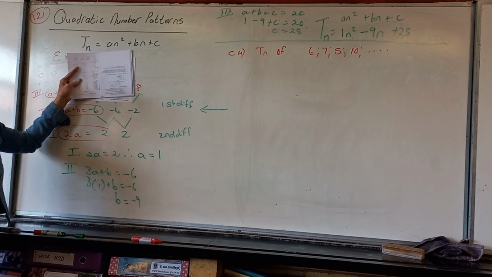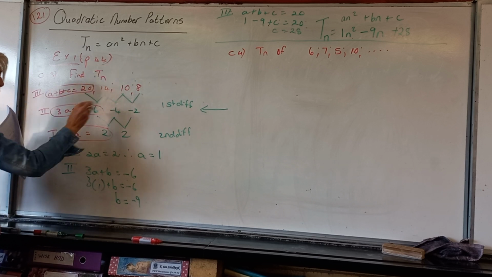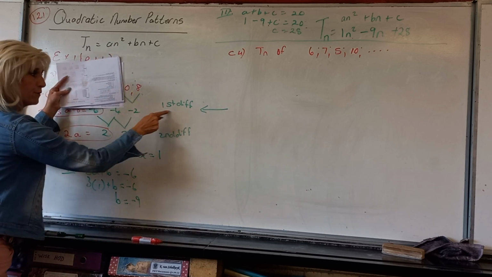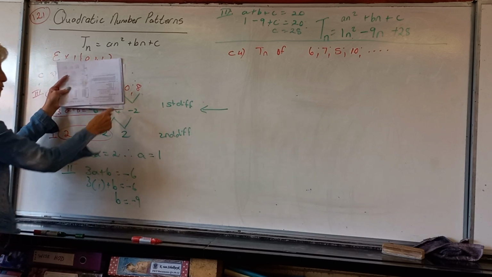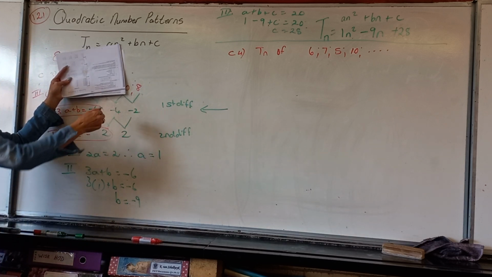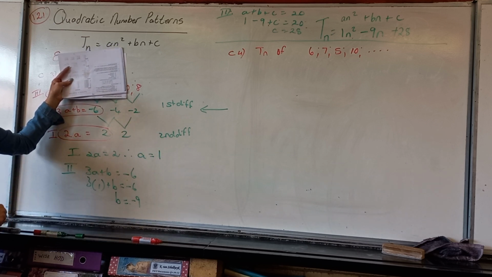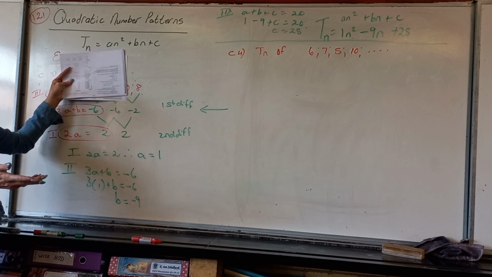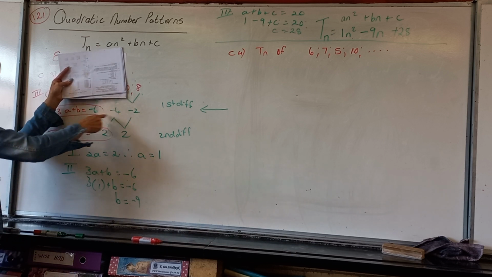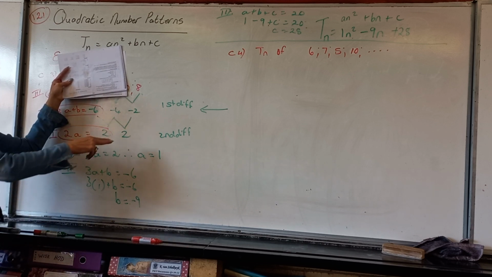Will that always happen, in other words? Yeah. In a quadratic number pattern, the first differences form a linear number pattern, of which this is the difference in the linear number pattern. Do you see it? Because they're going to ask you, look at the first differences, it forms a pattern, get me that one's general term. So what do you do? To find that one's general term.